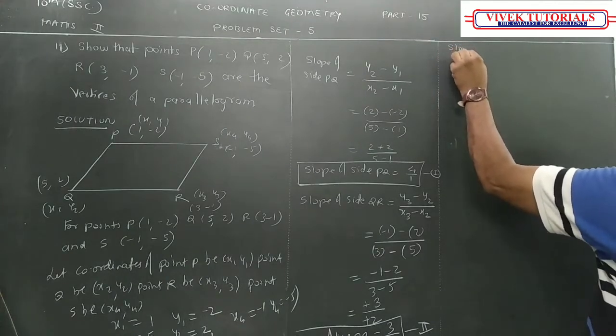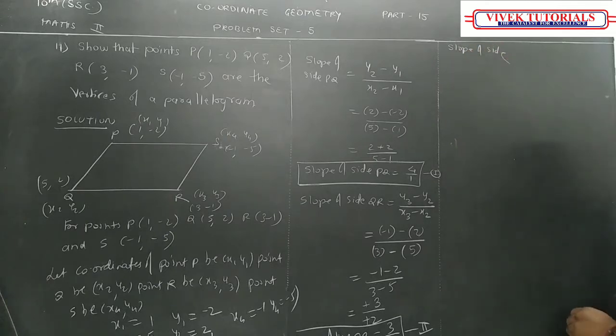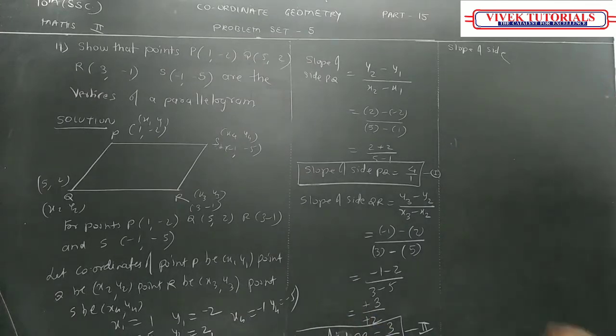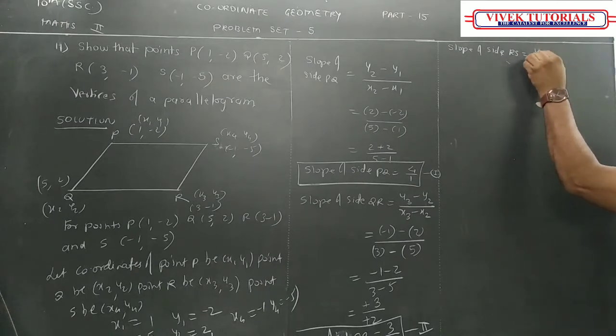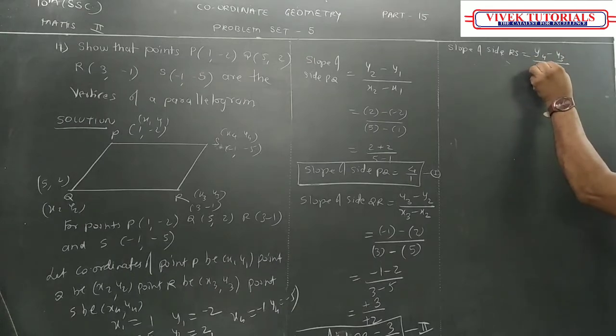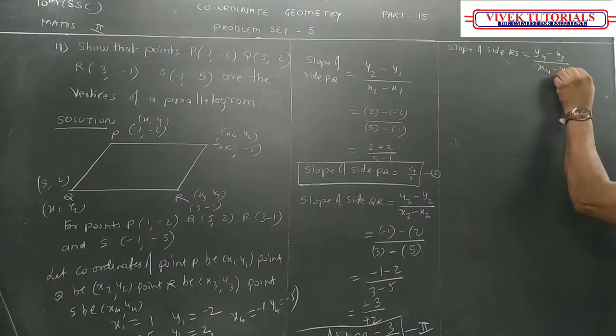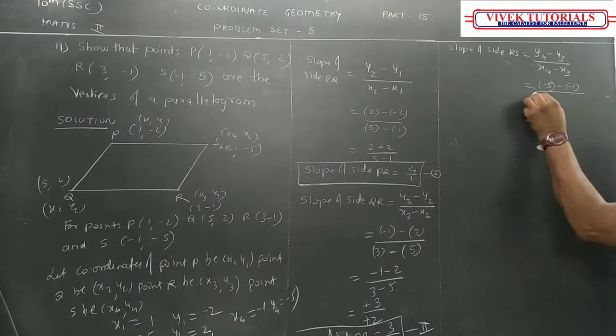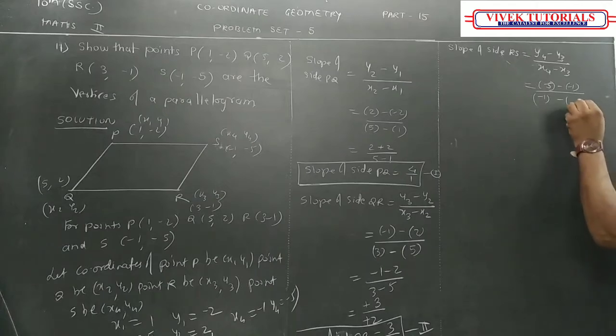Slope of side RS is equal to y4 minus y3 upon x4 minus x3. y4 is minus 5, minus y3 which is minus 1. x4 is minus 1, minus 3.